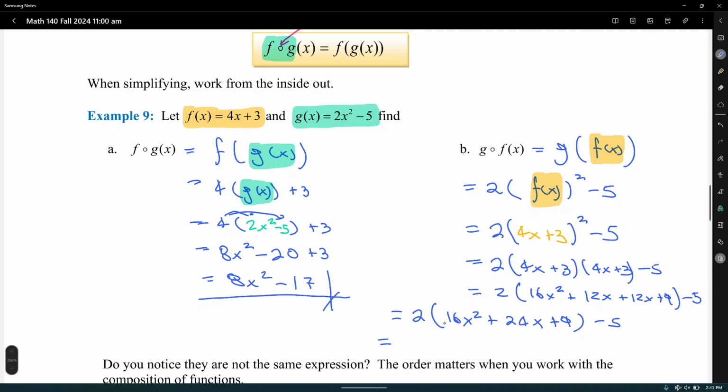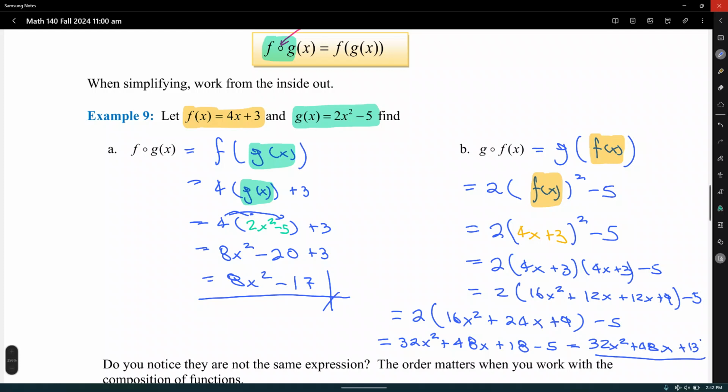Okay, we can distribute the 2, that'll be 32x squared plus 24 times 2, which is 48x, 2 times 9, which is 18, minus 5. And 18 minus 5, is that equal to 13? All right, that equals 32x squared plus 48x plus 13.